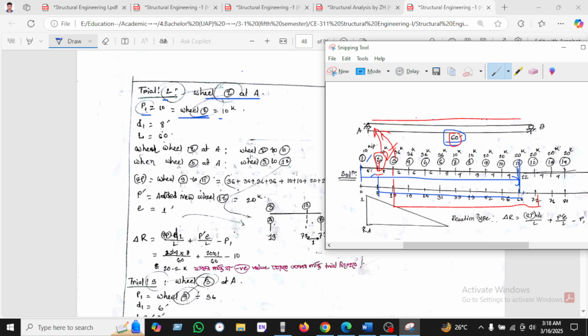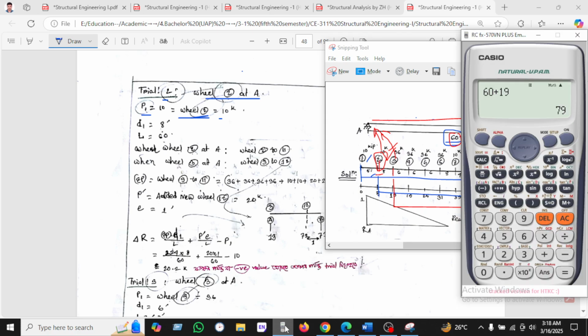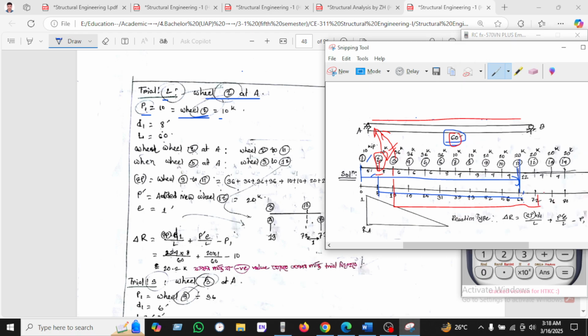If we add the 30 to 60, then what will happen? Then 73. So we have to go to 73. That's why we have been taking 3 to 12.